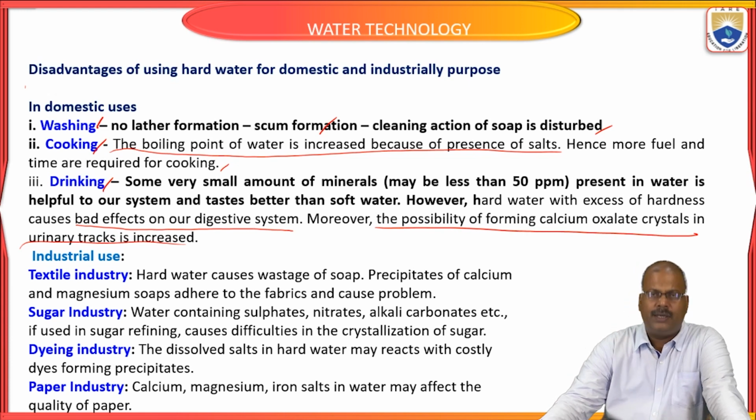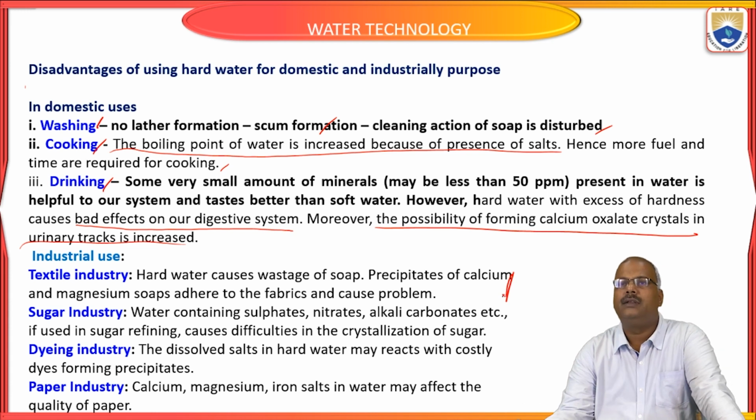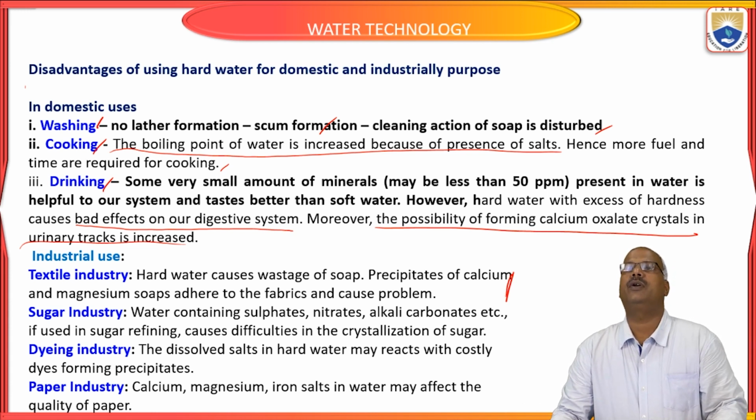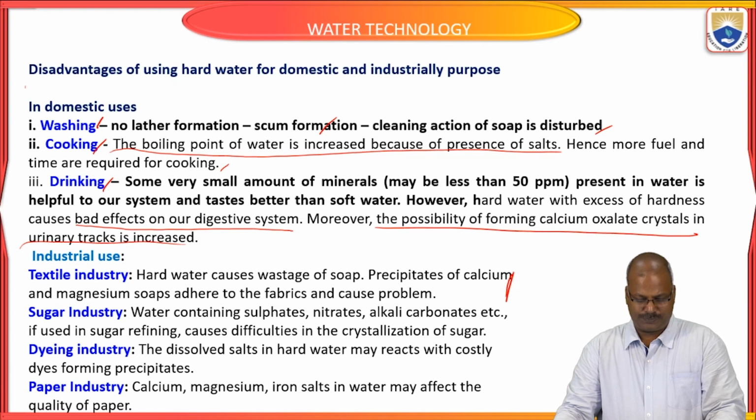Textile industry: hard water causes wastage of soap due to the formation of precipitates or scum, and that will adhere to the fabrics and cause problems.